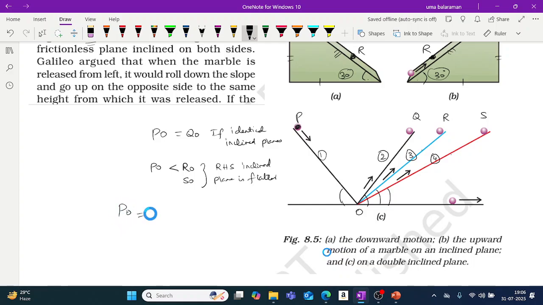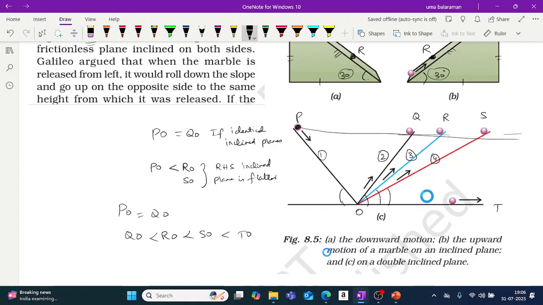PO is equal to QO. QO is less than RO is less than SO is less than TO. This is T somewhere. So he kept the right side inclined plane flatter and flatter, and he observed that it moves for a longer distance until it reaches the same height.